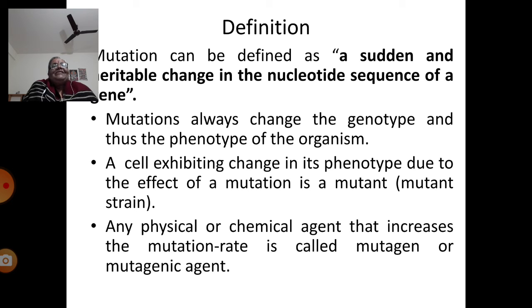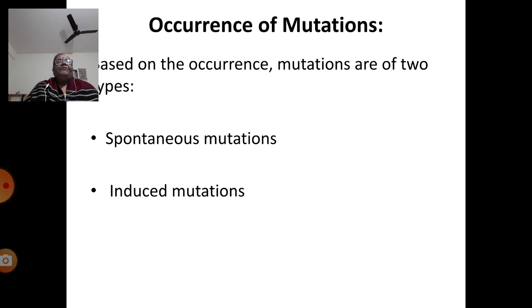So any agent that brings about a rise in mutation rate is referred to as a mutagen or mutagenic agent. Then, based on the occurrence, you can classify or divide the mutations into 2 types: spontaneous mutations and induced mutations. Alright, let's see.